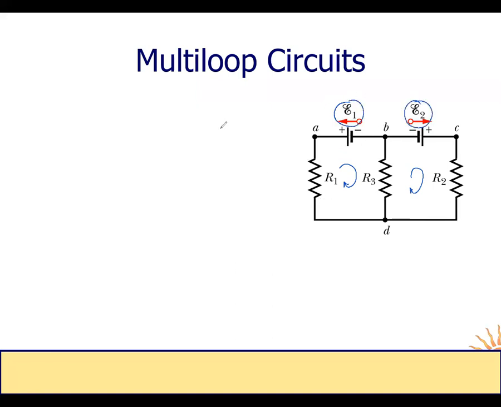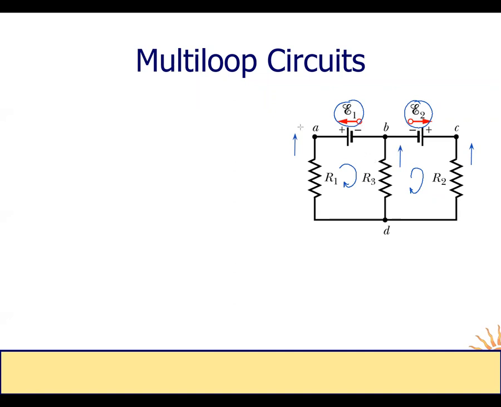As you see, I have no idea about the current at R1, R2, and R3. I don't know if I1 is down or up, okay? Because we have two batteries. And I don't know if I2 will be down or up. Also, I don't know if I3 will be down or up.